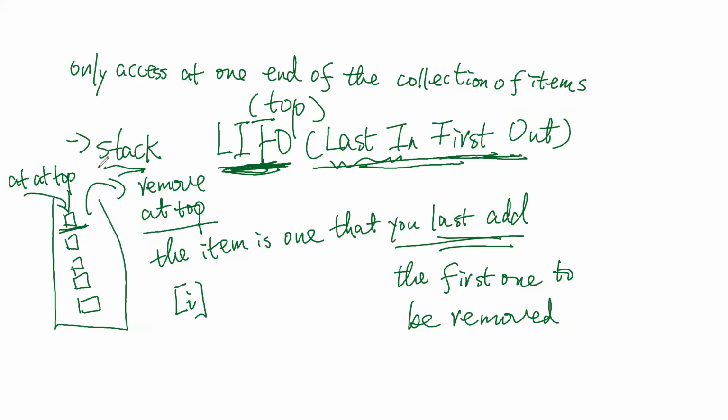We can view it like a container with only one end open, because you can only access at the top. This kind of data structure we call a stack. This is the basic feature of a stack.